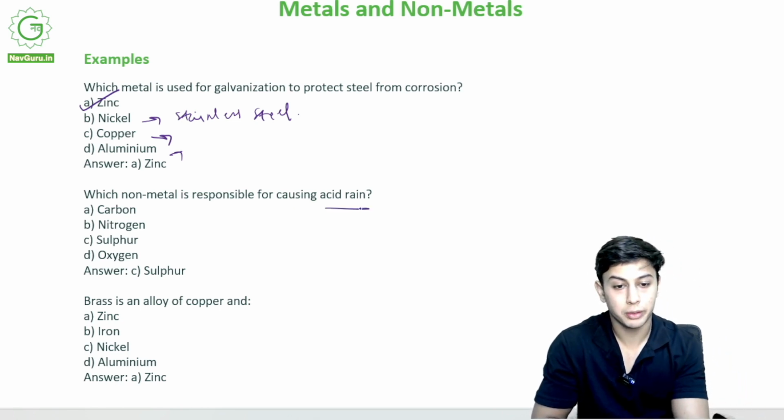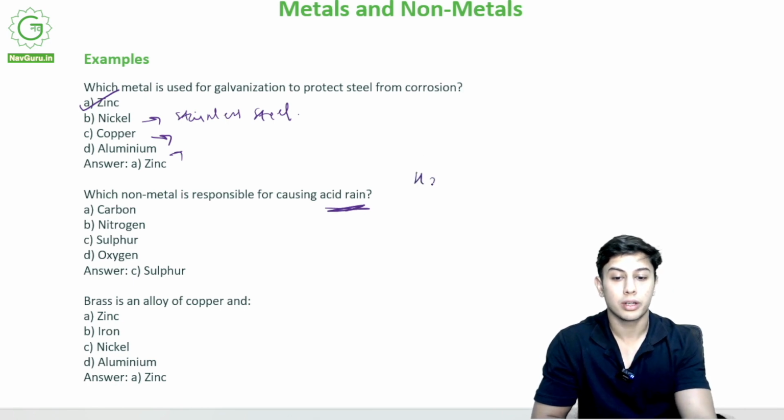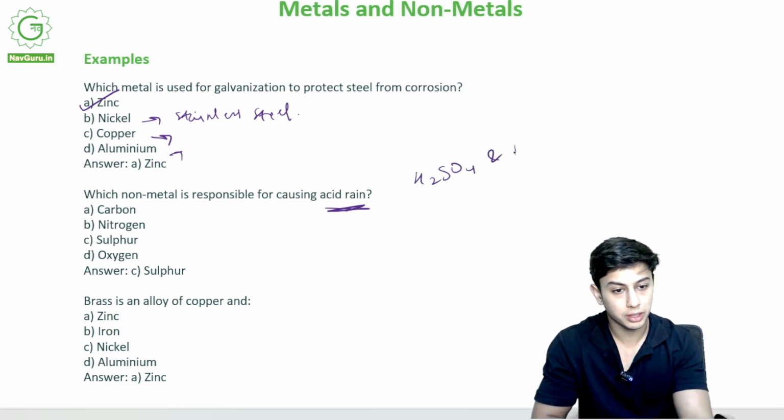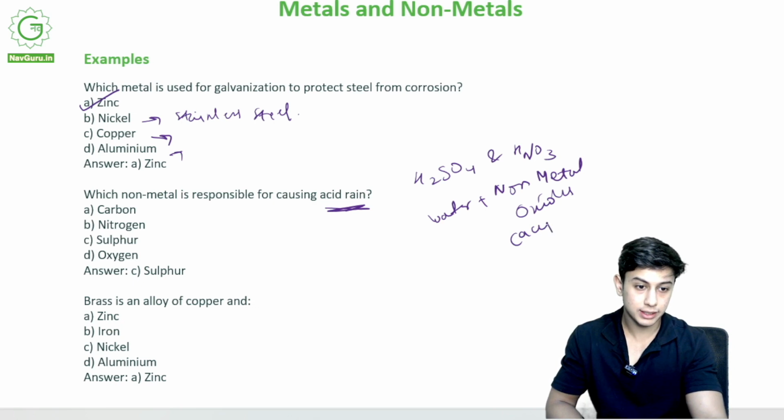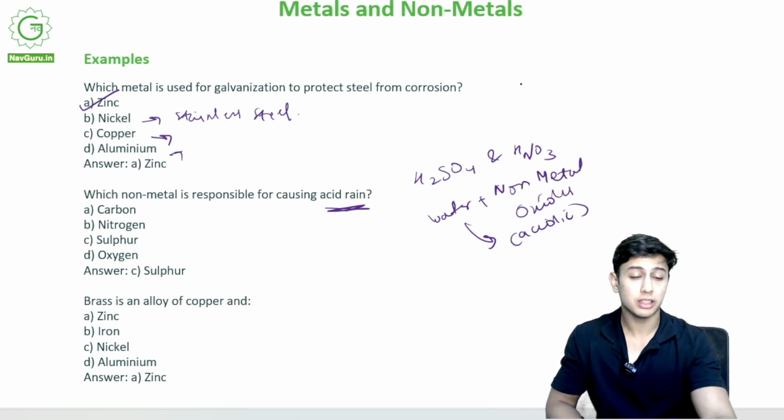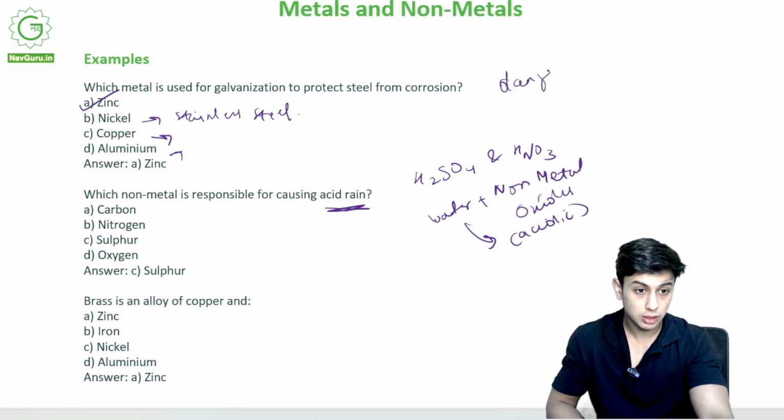Which non-metal is responsible for causing acid rain? If you remember, I told you about acid rain. What acids are coming down when it rains? When water reacts with non-metal oxides, which are acidic in nature, this makes acid rain come down. It is also dangerous to life.